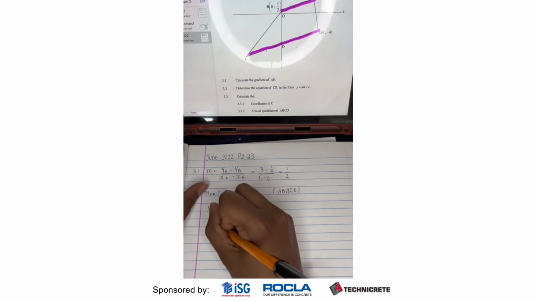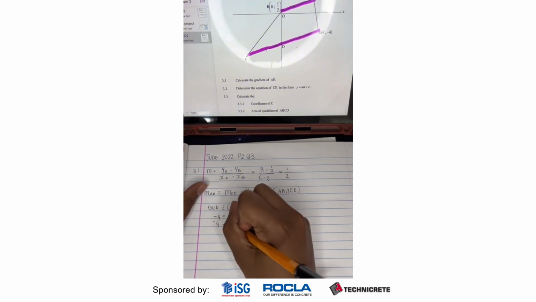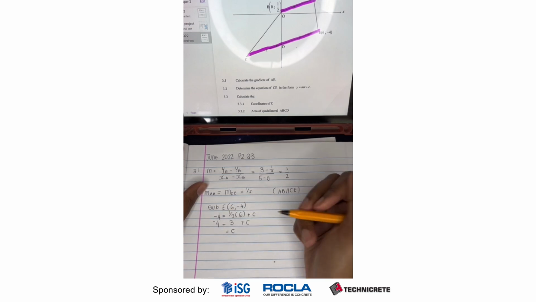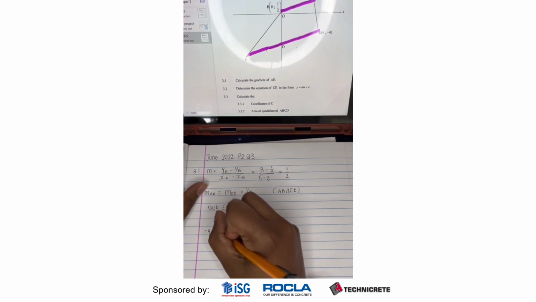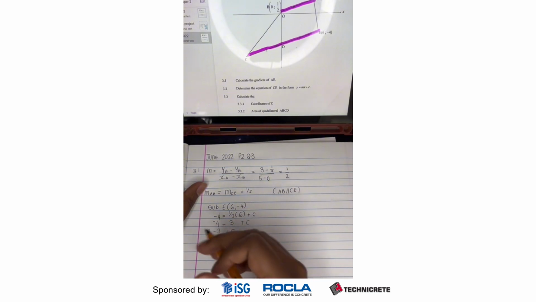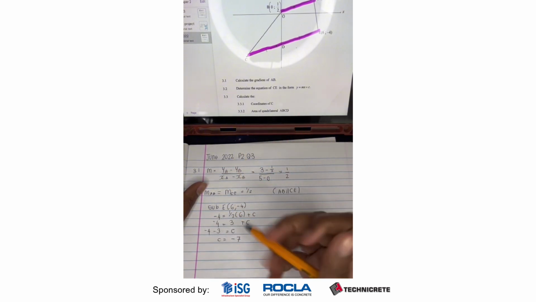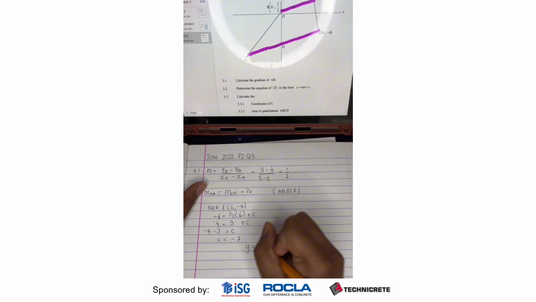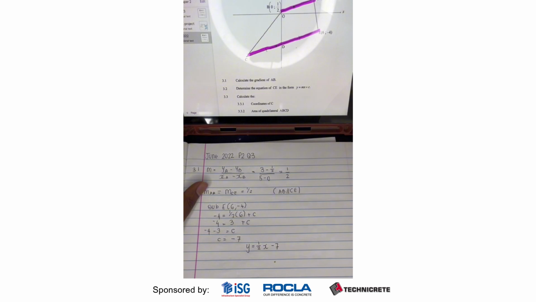A half times 6 is 3, plus c. We're going to take the 3 to the other side, so we've got -4 minus 3. c is therefore equal to -7. Make sure you write out your final answer, which is actually the equation. So it's y is equal to a half x minus 7.